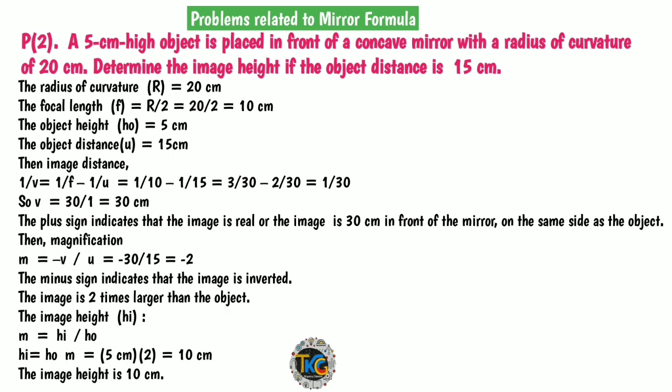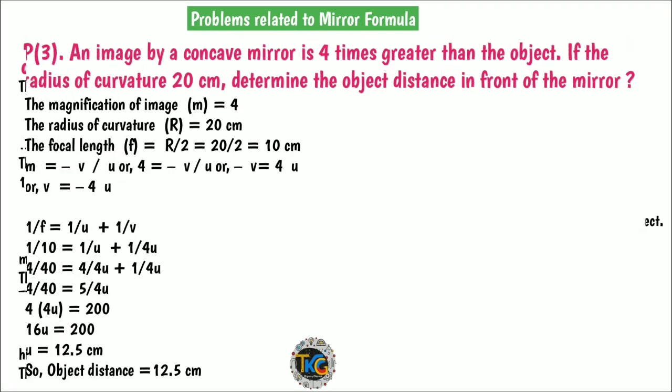And here m is 2 in magnitude, that means the image is twice as large as the object. Then what will be the height of the image? As we know, m equals height of the image by height of the object, then height of the image will be height of the object into m, that is 5 into 2, 10 cm. So height of the image is 10 cm.